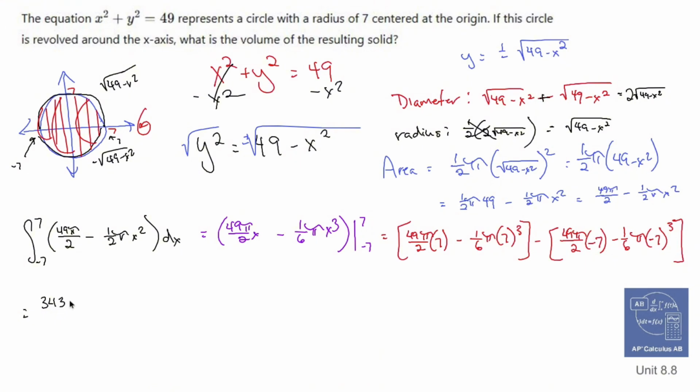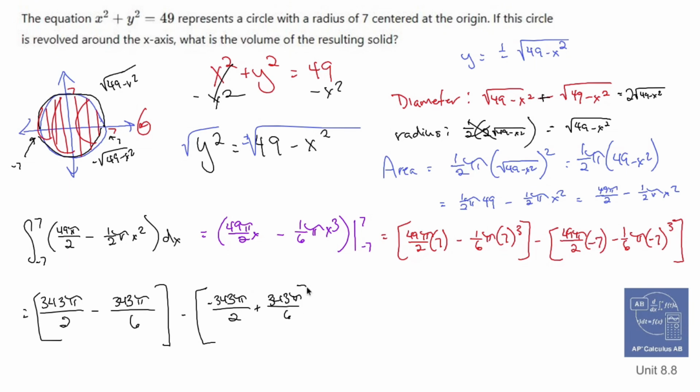49 times 7 is, I think, 343. I know you guys always comment when I make mistakes. So 343 pi over 2 minus 343 pi over 6, because of 7 cubed. And these are going to be the same exact numbers but flipped: negative 343 pi over 2 plus 343 pi over 6.